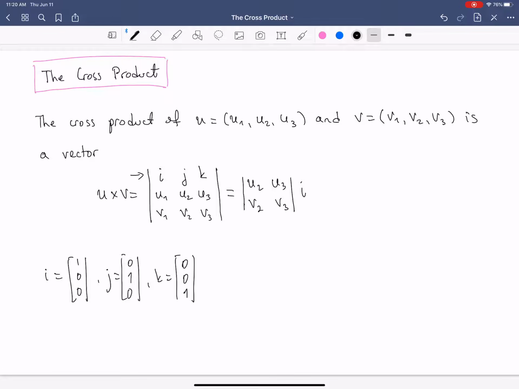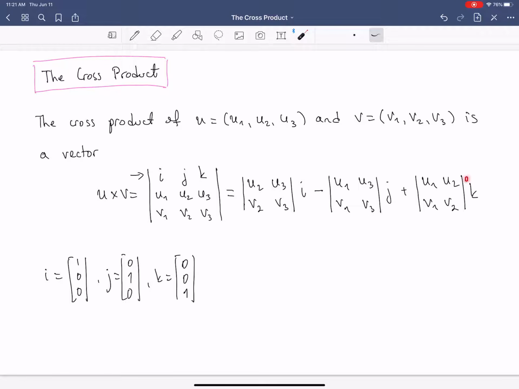Then remember, j comes with a minus because it's in the position 1, 2. So minus the determinant that we would get by removing the second column in the first row. So we have u1, u3, v1, v3 times j plus u1, u2, v1, v2 times k.